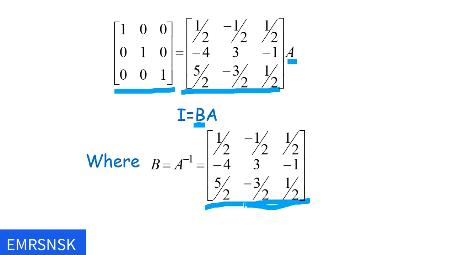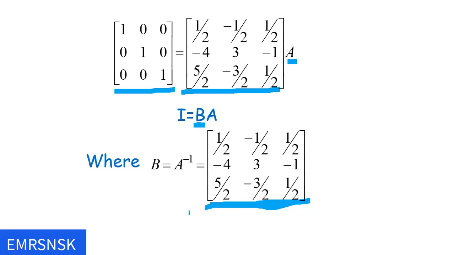The inverse is given by this matrix. And we were asked to find the inverse of a given 3 by 3 matrix by using elementary operations, by using elementary transformations. So this is a very important example from a board examination point of view.